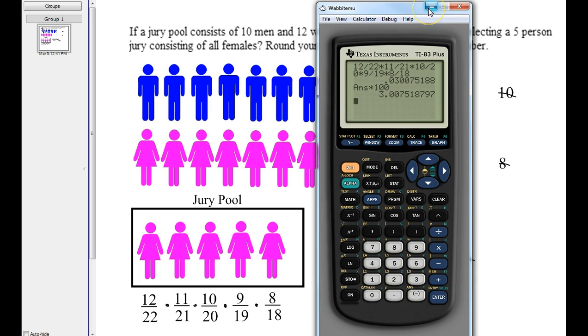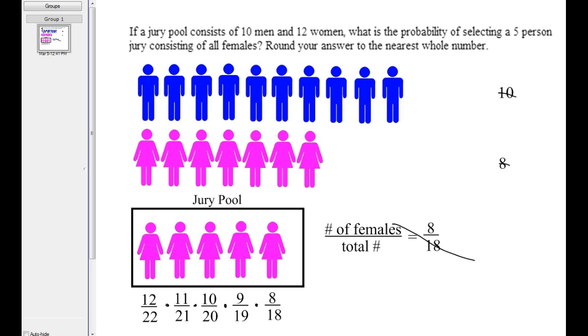But another way you could do it, if you ever have to do this by hand or if you're asked for a fractional answer, is to reduce each of these fractions as much as you can. For instance, 12 and 22 reduce to 6 and 11, and then this 11 and this 11 would cancel. 10 and 20 reduces to a half, 1 over 2. 8 over 18 reduces to 4 over 9, and then this 9 and this 9 cancel.